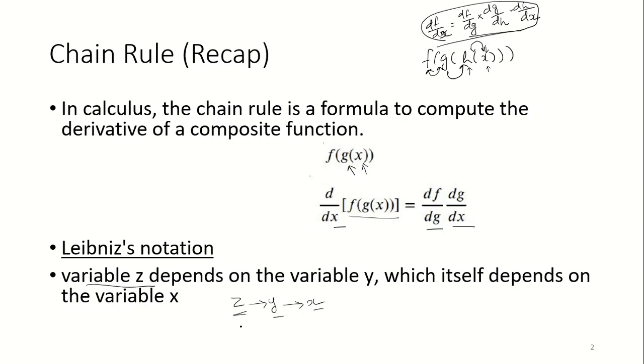If you want to find the derivative of z with respect to x, then dz by dx is equal to, first, the derivative of z with respect to y, because z depends on y, so dz divided by dy, then the derivative of y with respect to x, so dy by dx. That is the Leibniz notation.